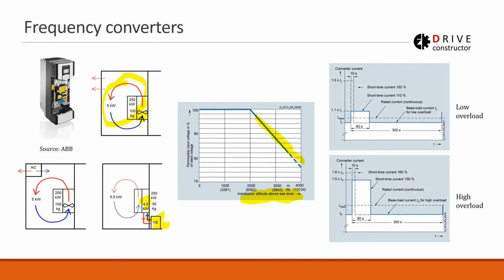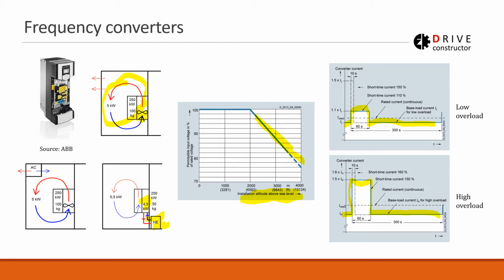Also, frequency converters can handle different overloads, like what is shown here. This is a small 10% overload, and in this case it's like 50% overload.